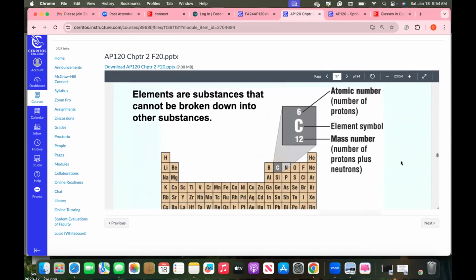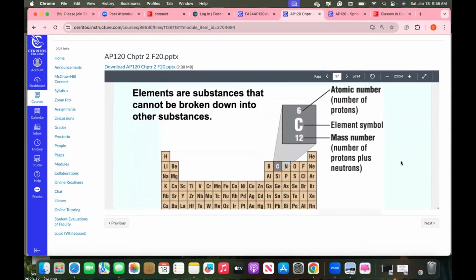Elements are substances that cannot be broken down into other substances. You can do this with any element on the table. They highlighted carbon for you here. Carbon is the C. This top number is the atomic number, the number of protons. There are 6 protons in carbon. The mass number is the number of protons plus the number of neutrons.